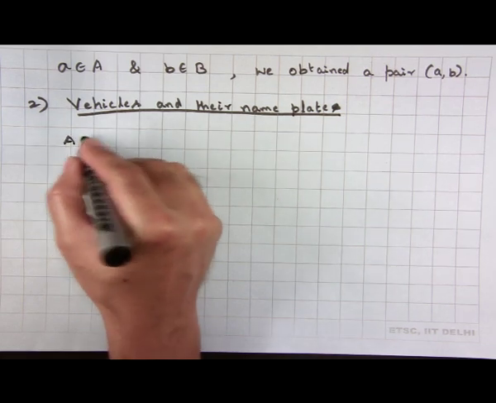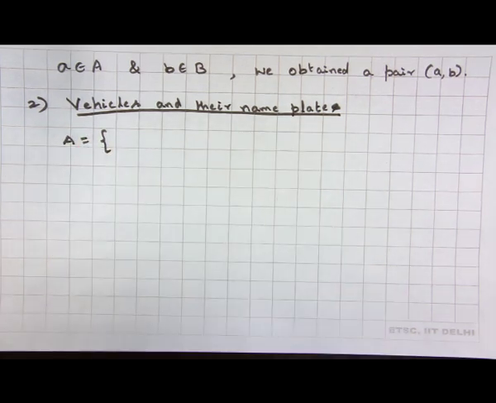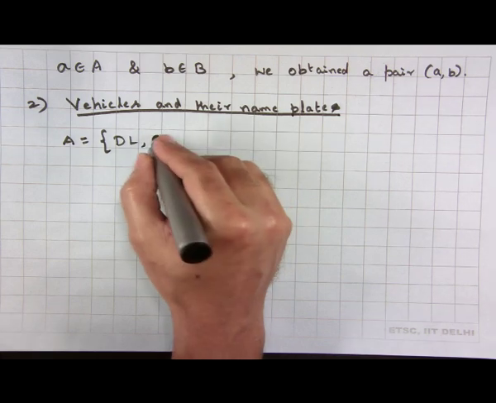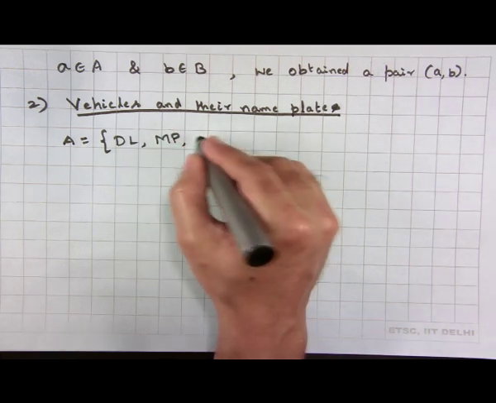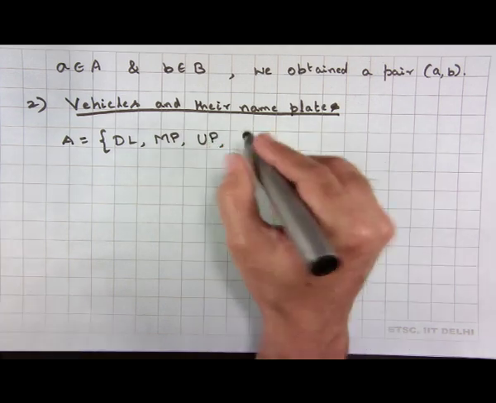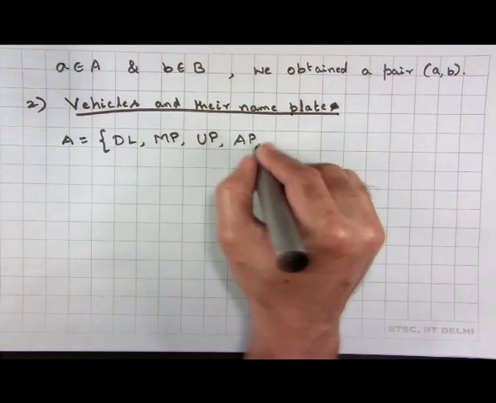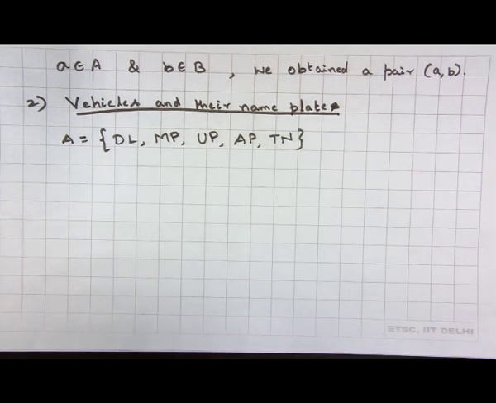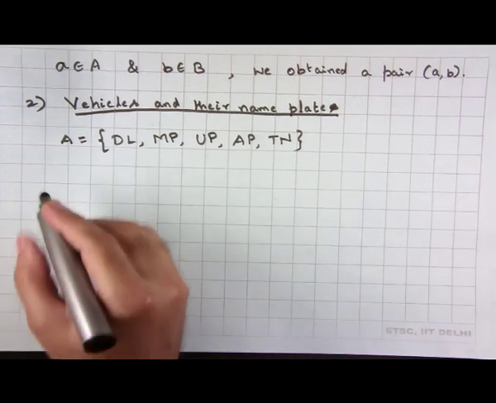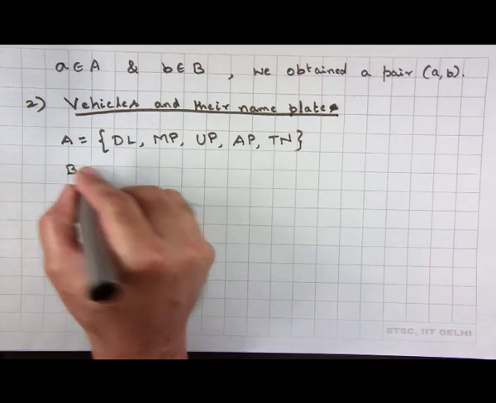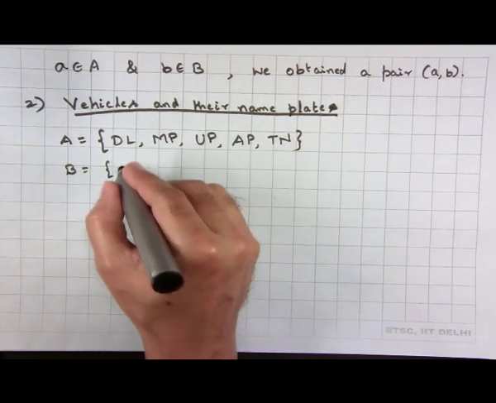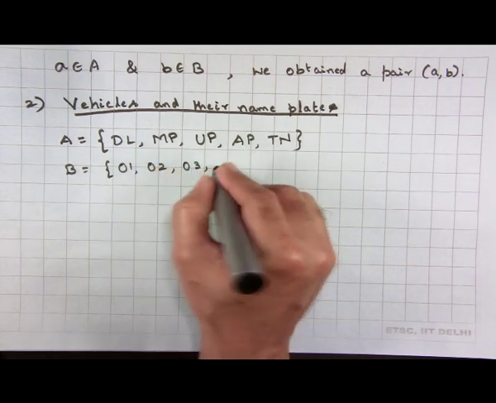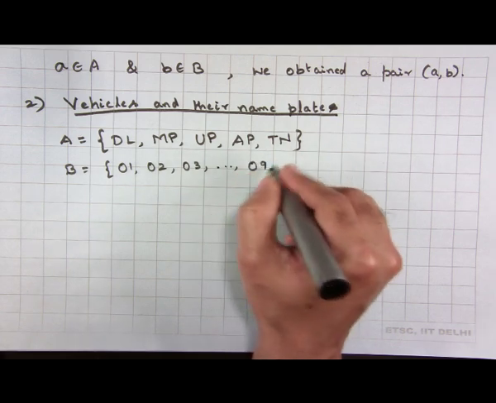Let A denote the set of some of the states, let me call them Delhi, Madhya Pradesh, Uttar Pradesh, Andhra Pradesh, Tamil Nadu. We have 5 states, and on the other hand let me have the set B as the numbers 01, 02 up to 09.